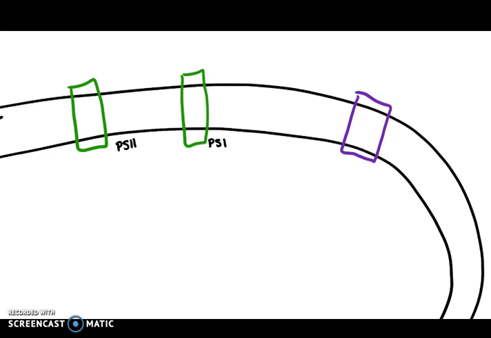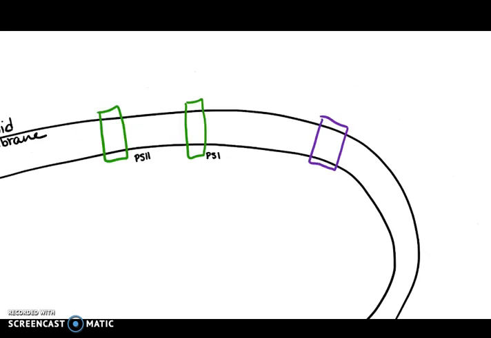Just a bunch of pigments all kind of hanging out together. This over here, does anyone know what the purple thing is? Not ATP synthase. We will draw that. Yes, it's important. No, that's not what it is. Good. NADP plus reductase.